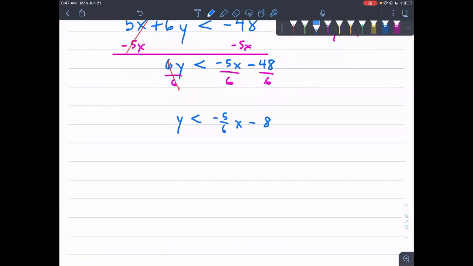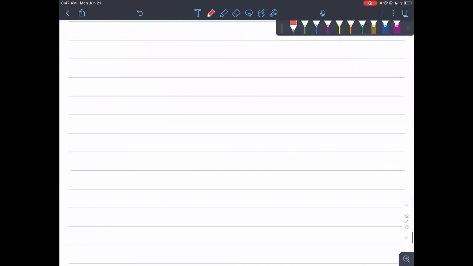One thing that's pretty important I should mention, let me just make this point really quick, because this only comes up with inequalities. If you had negative 3y equals, we'll say 6x plus 9.